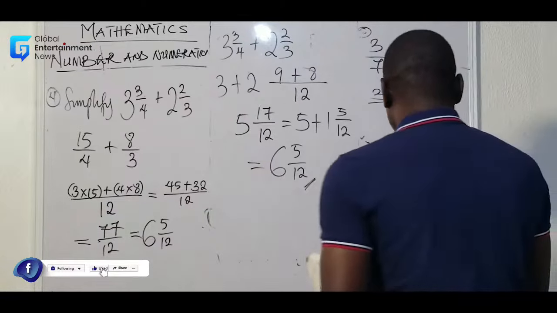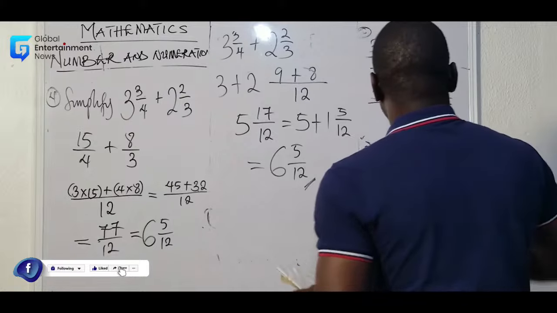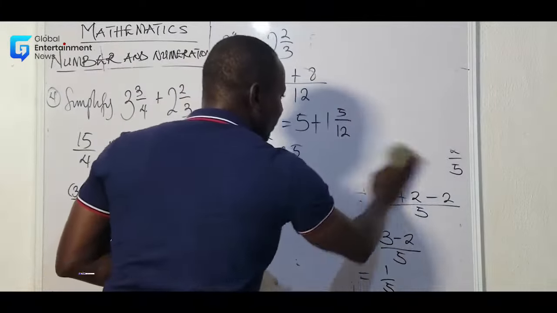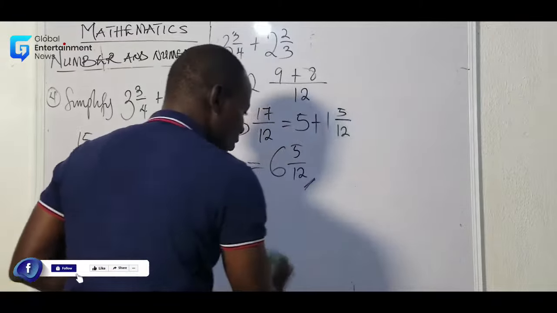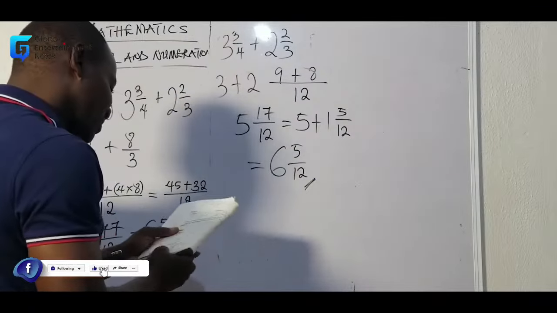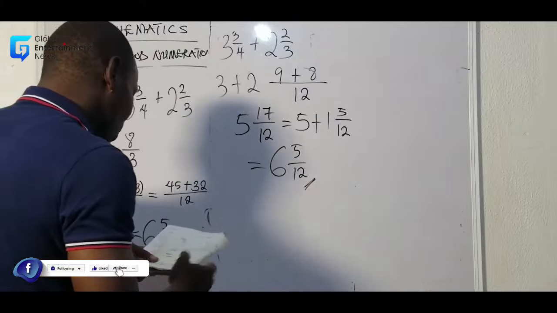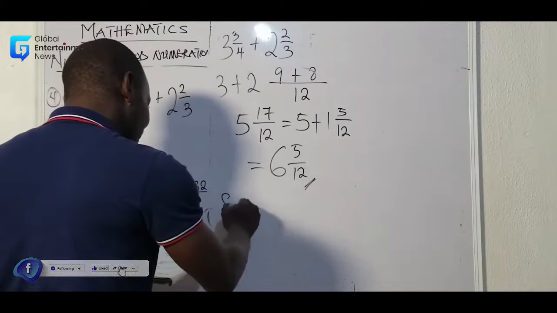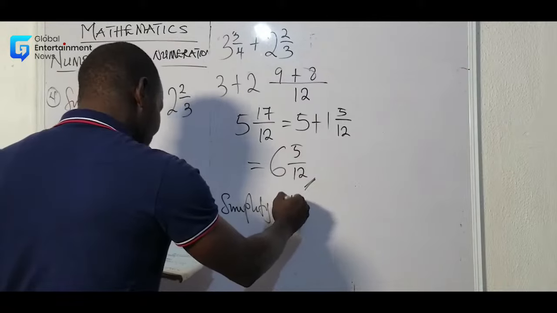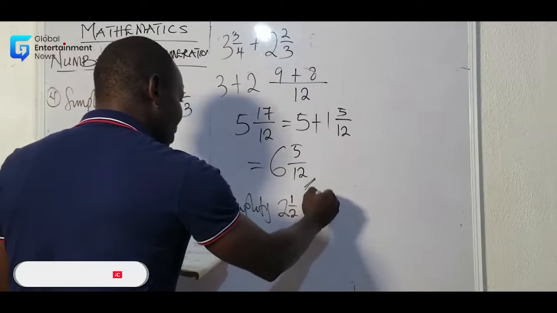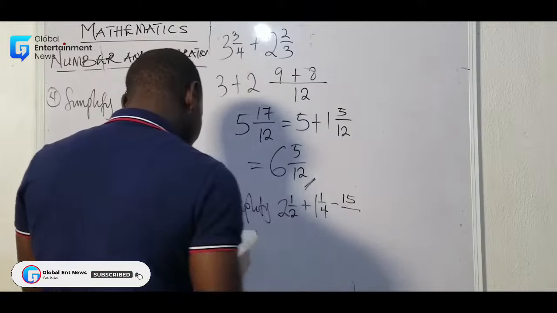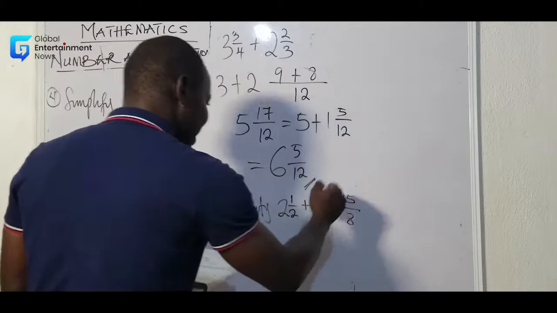Now, lastly, let me do the joint one. In a case like this, the question says we should simplify 2 whole number 1 all over 2 plus 1 whole number 1 all over 4 minus 15 all over 8.